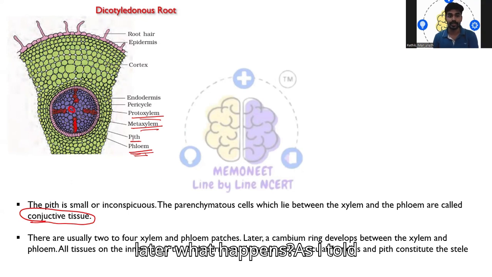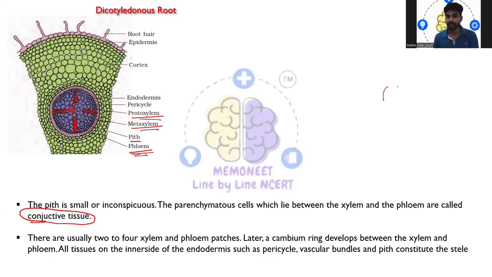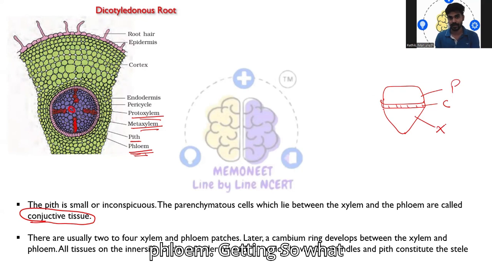Later, as I told you, this cambium ring develops between the xylem as well as the phloem.